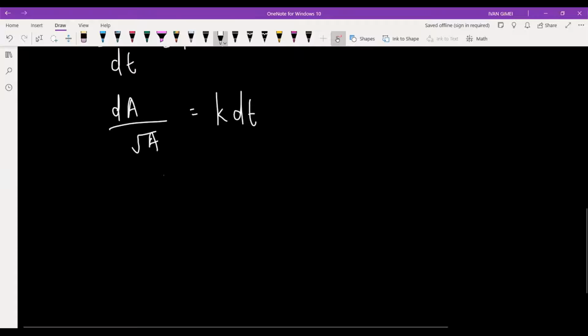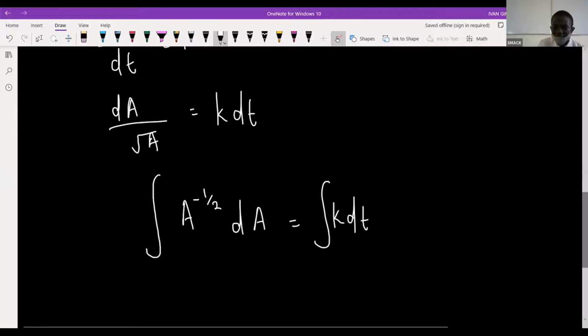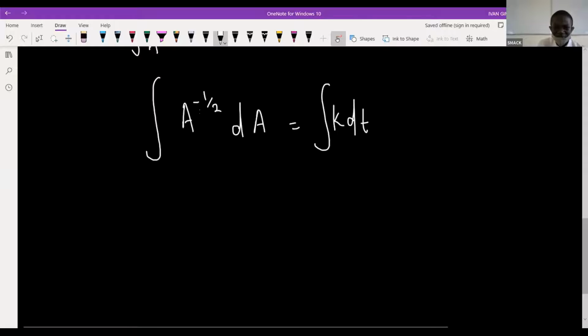So we shall say integral of A to the power negative a half, I've made it a numerator, dA is equal to integral of k dt. So we just integrate by adding the power up and dividing by the new power. So it shall become A to the power negative a half plus 1, which is a half.